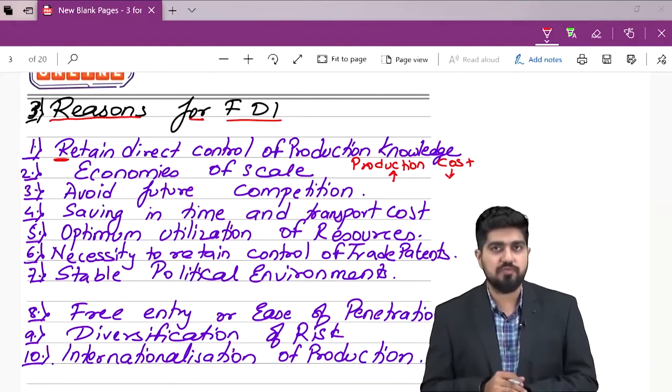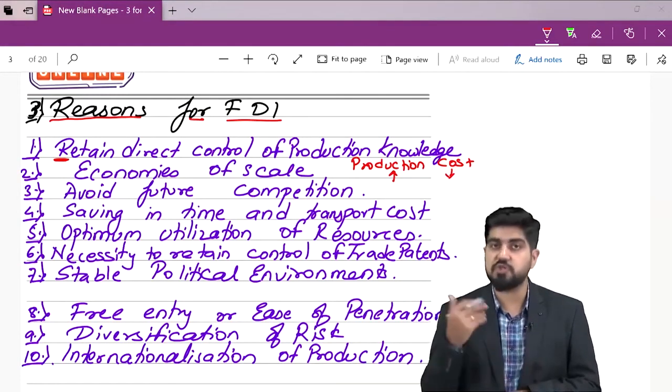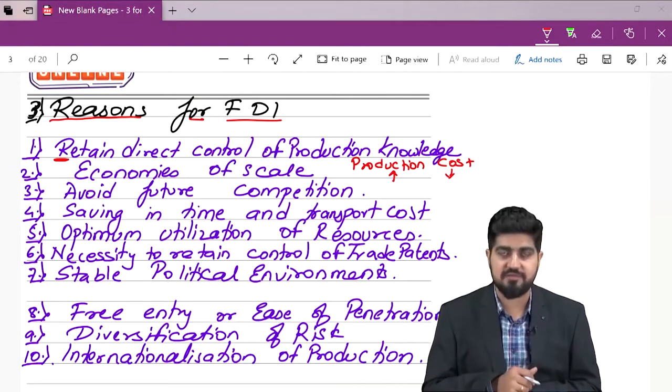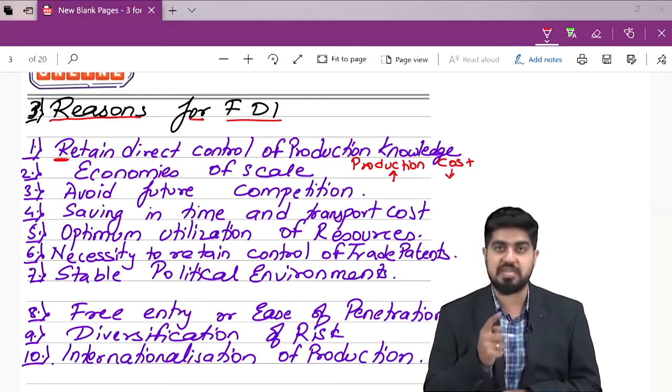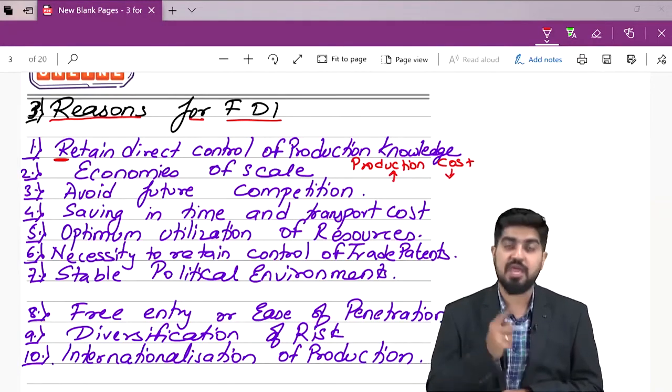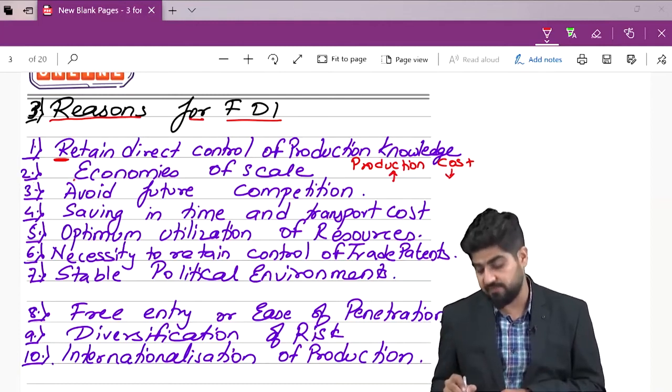Instead, what you can do, you can take the advantage of going to some other country of the world, producing there and supplying there itself. That will help you in reducing the level of cost and increasing the level of production at a cheaper price. That will be called as economies of scale.